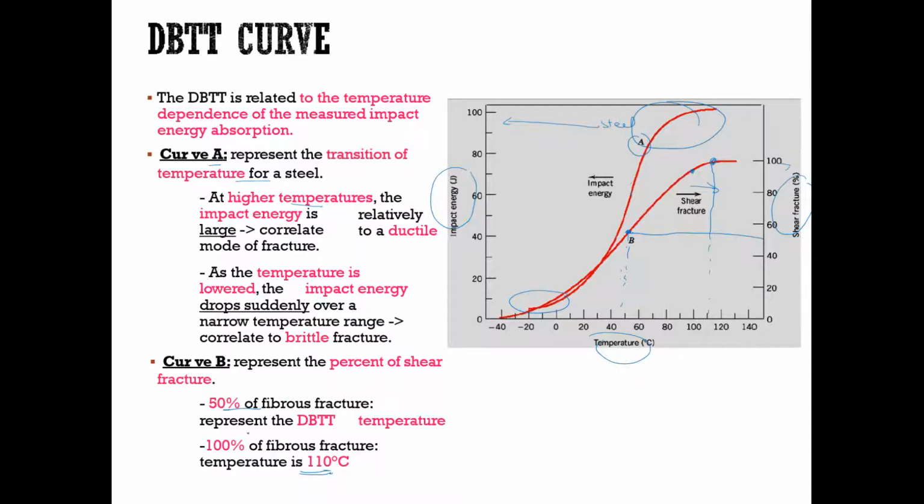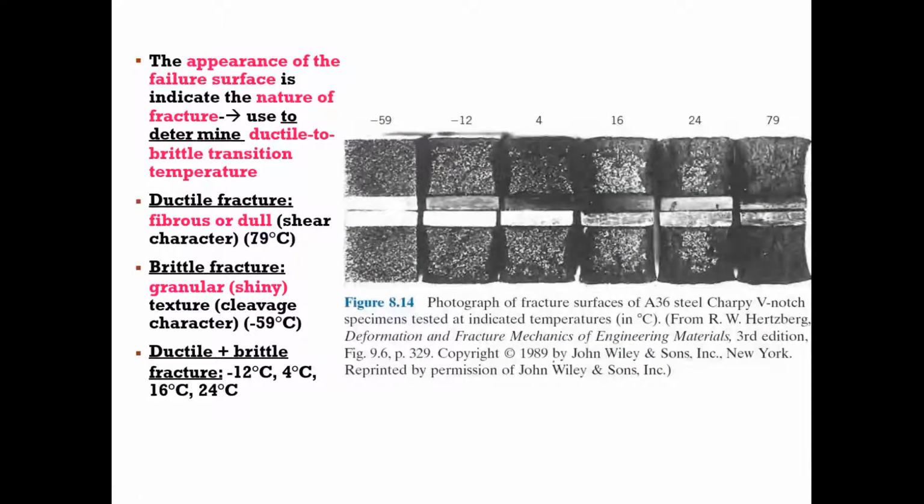Okay, let us look at the appearance or the photograph of the fracture surface on A36 steel Charpy V-notch. As I mentioned previously, we do the Charpy impact test on identical samples, the same sample, at different temperatures to study the behavior of the DBTT, ductile brittle transition temperature.